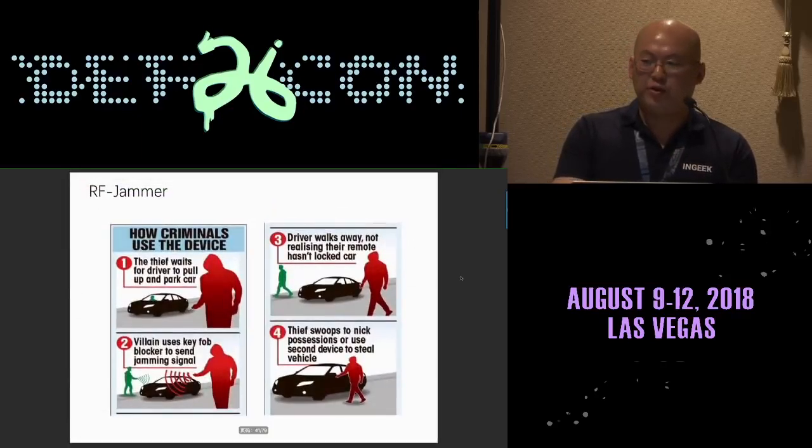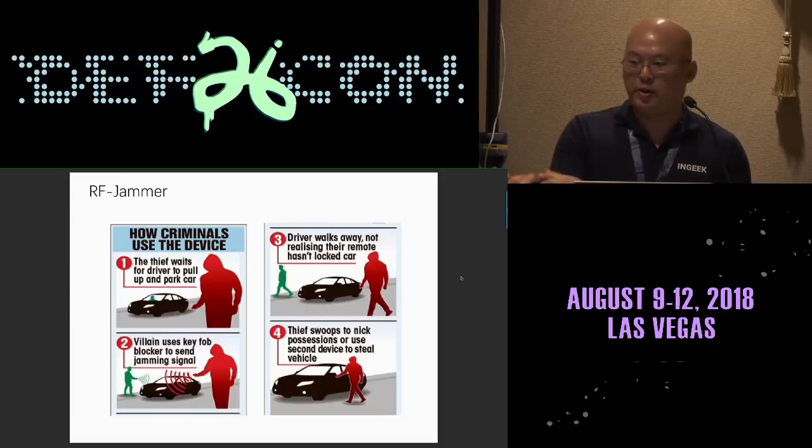Now here's the actual simple process of how they do it. The thieves just wait in a car parking lot for a user who has something in mind and is in a rush. They simply press the lock button and don't bother to check if it actually locked, because meanwhile the thieves are sending out RF jamming signals, so you cannot actually lock your car.